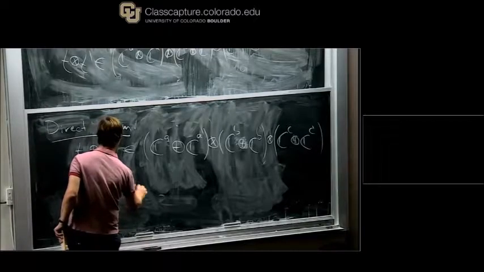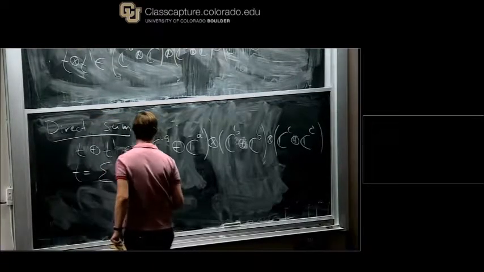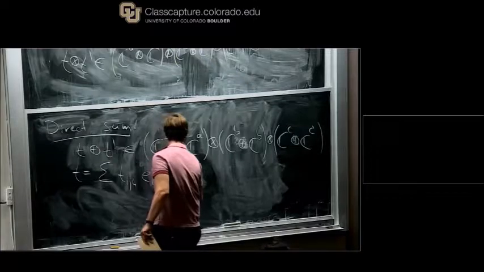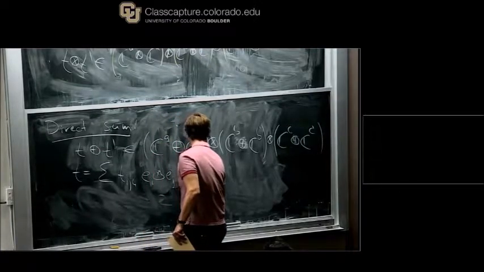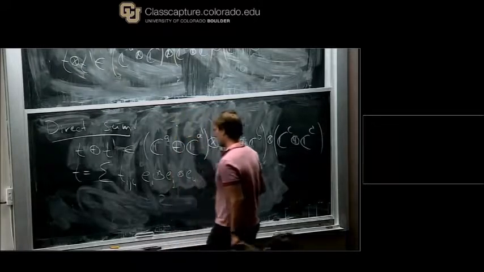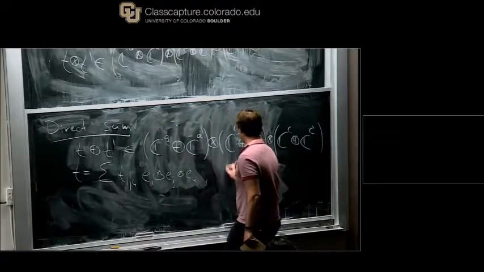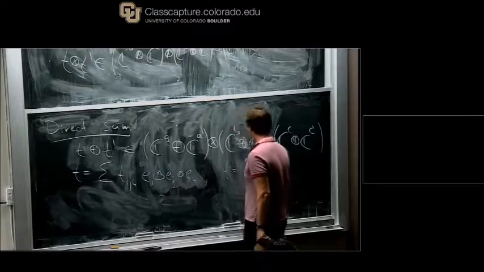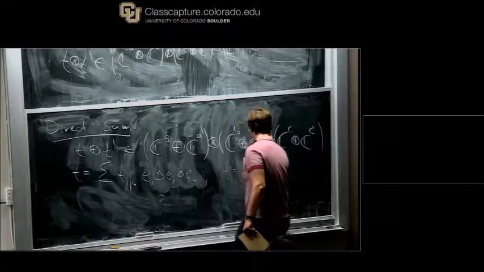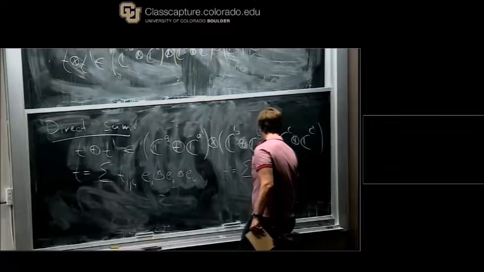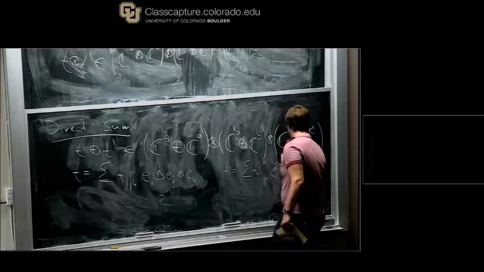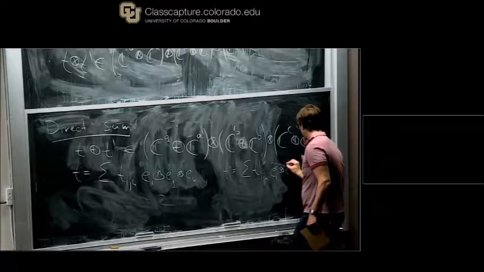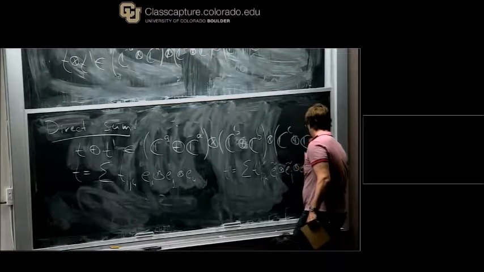We do Pijk, we do EI tensor EJ tensor EK, and then we take T, and then we take a new set of Tijk, and here we take EI tilde and EJ tilde and EK tilde.